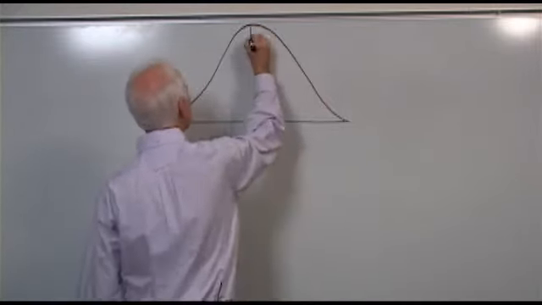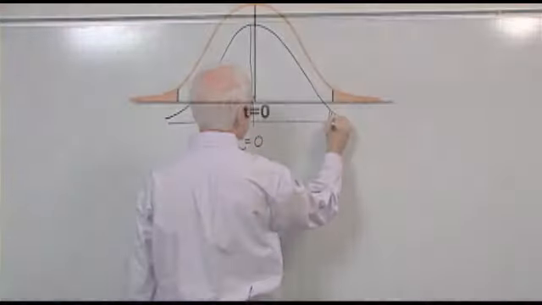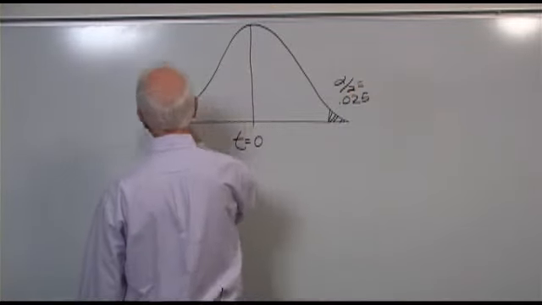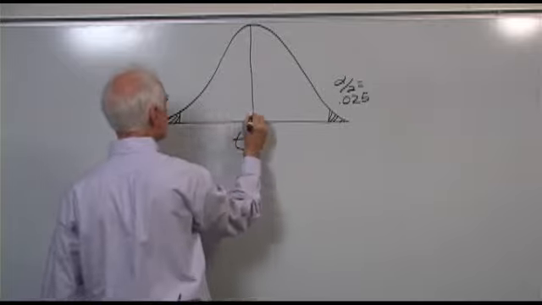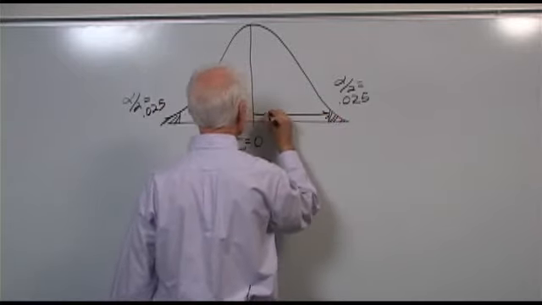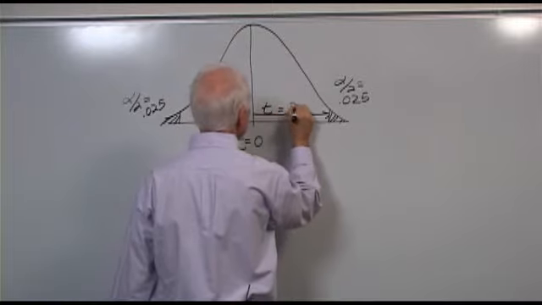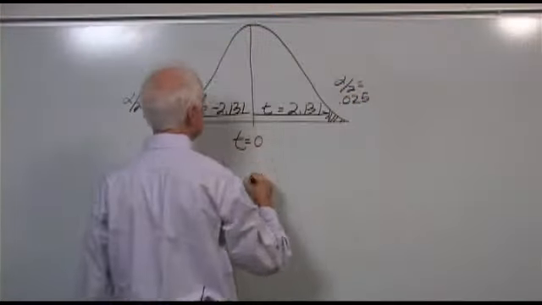Now let's look on our graph and see where our observed value falls in comparison to our critical value. The graph that we drew before, where we have a mean t of 0 in the middle. We have a two-tail test, so we have rejection regions in each tail with a 0.025 alpha over 2. And our critical values that we looked up in the table were 2.131 and minus 2.131.